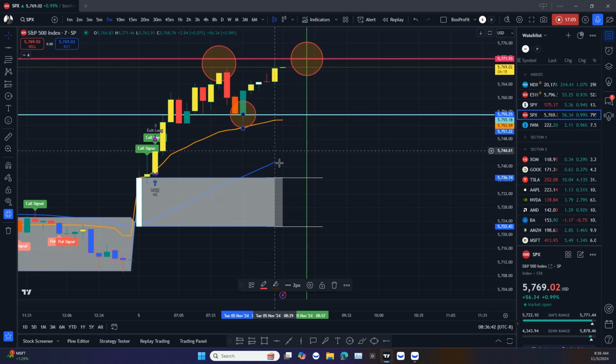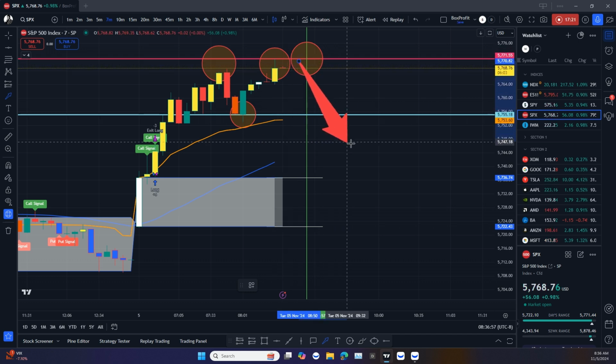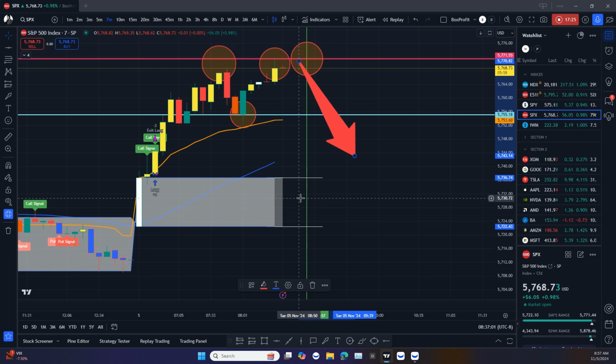But that pullback was just a temporary pullback. That pullback was picked up by another bull run. That bull run should be rejected and followed by, guess what? You guessed it right, another bear run.